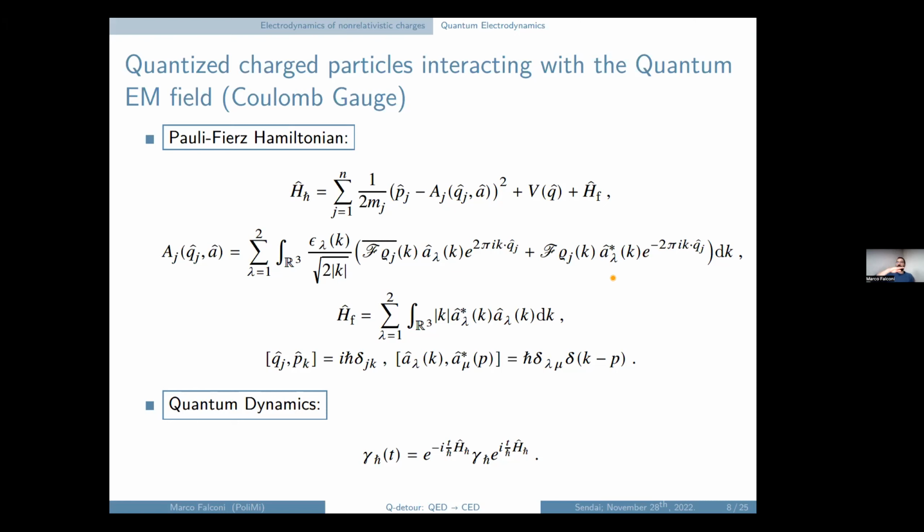And so we have one subspace with 0 excitations of the field, one with 1 excitation, 2, 3, and so on. And we take the direct sum of all these excited Hilbert spaces, and this builds up the Fock space.